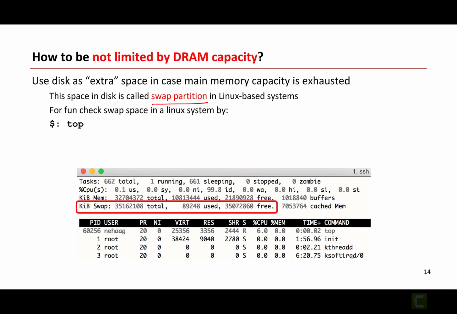And if you want to know how much of your hard disk space is allocated for this purpose, if you're using Linux, you can type this command top and you will get to know how much of space has been partitioned for it. As a user, you can decrease or increase the space depending on how many programs you would like to run at any given time, or how much you really need your hard disk space for storing your images and videos and whatnot, right? So it's up to you to program it.